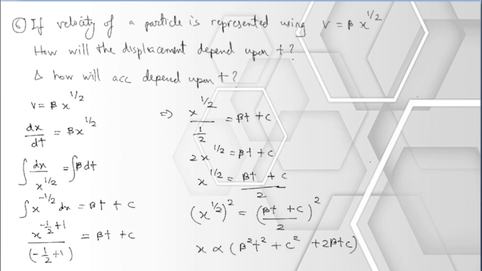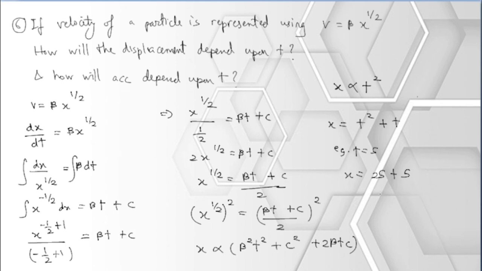Now x will be affected by the maximum power of t here. Now assume there is a lower power of t also, but if I say x equals t squared plus t, and say t equals 5, so that means x equals 25 plus 5.